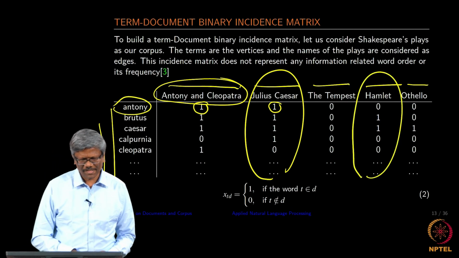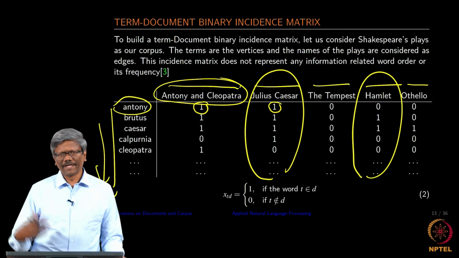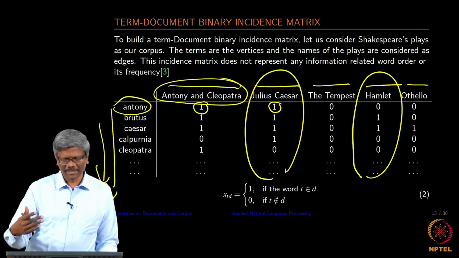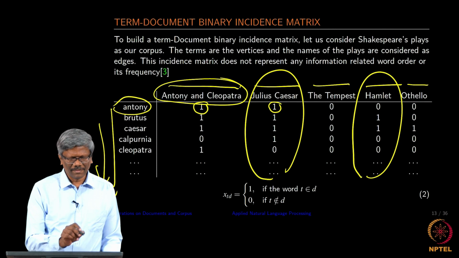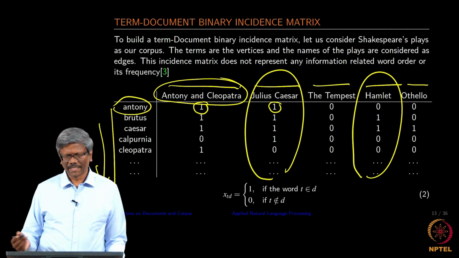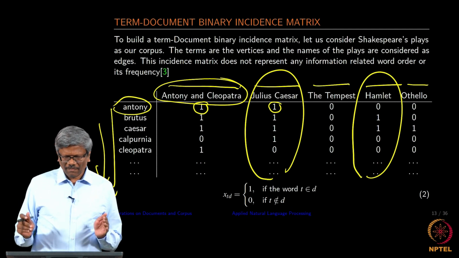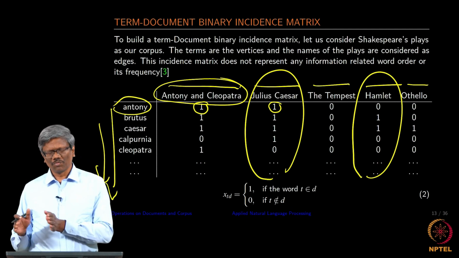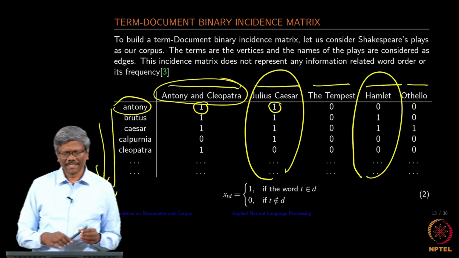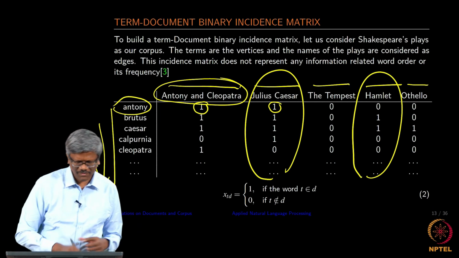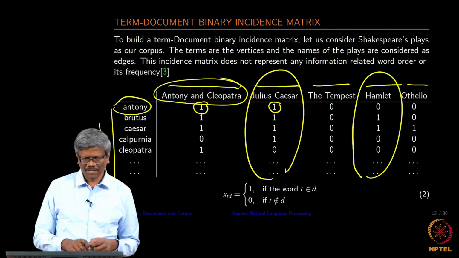So, taking the idea of what we described in the theory, we have created a matrix called a term-document binary incident matrix. This is how you create it. If you want to know more about how this is done, you may go to the reference given in the slide, reference number 3. The references are available at the end of this presentation.